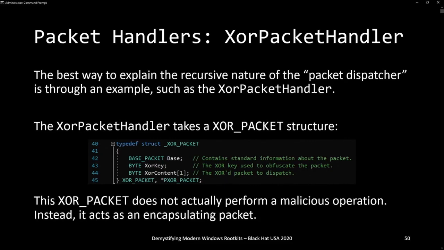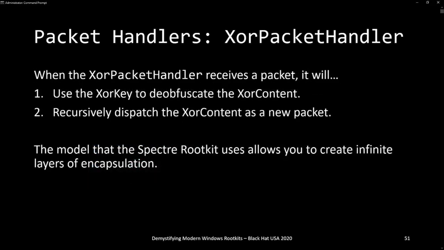Then, it'll generate a random byte in place of the XOR key and use this random byte to perform a XOR operation on each byte of the XOR content. When the XOR packet is received by the malware, it'll use the XOR key to deobfuscate the XOR content, and then it'll call the dispatch function again, except it'll pass the XOR content as the new packet to dispatch. So to explain, this is pretty simple.